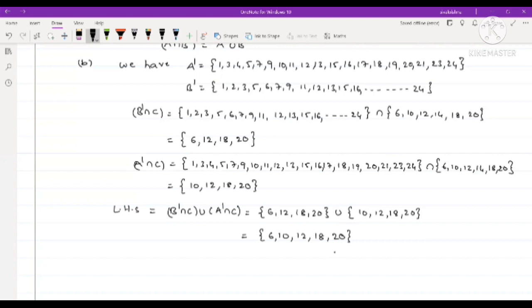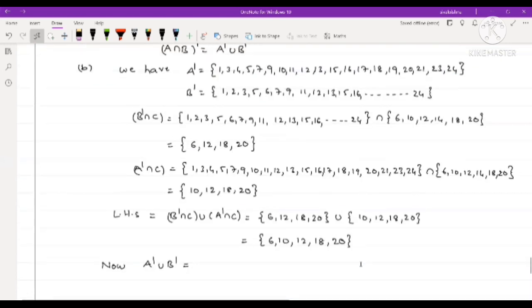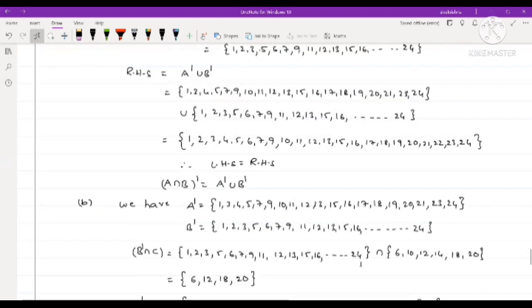Now coming to the RHS value, first we have to find A dash union B dash. This value we have already found in an earlier bit, so we copy that particular value once again here.